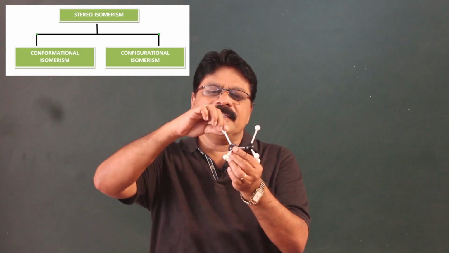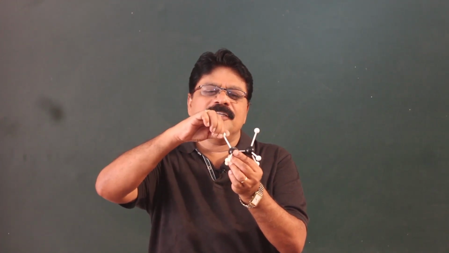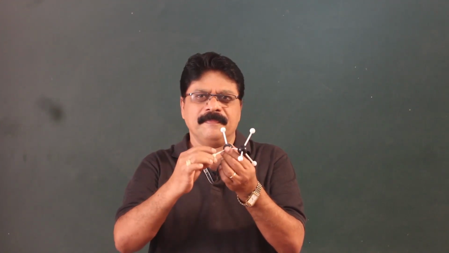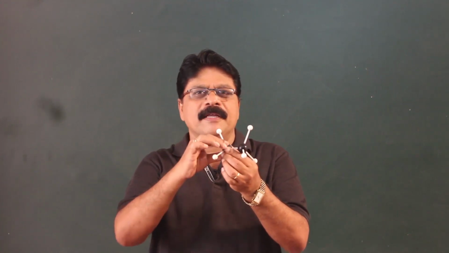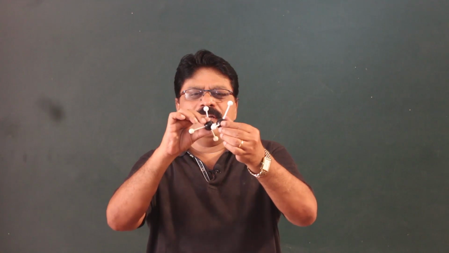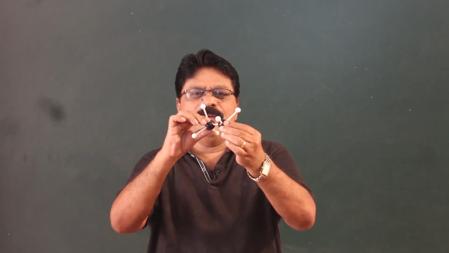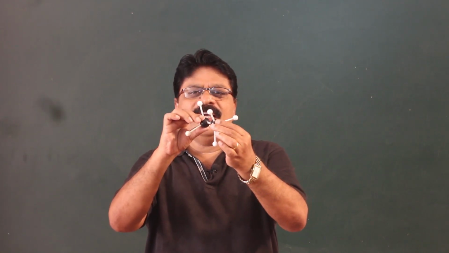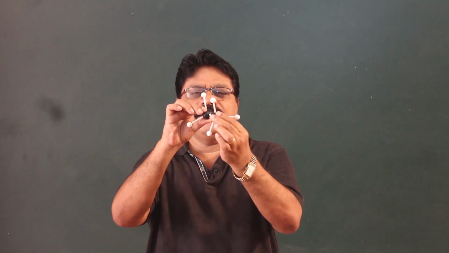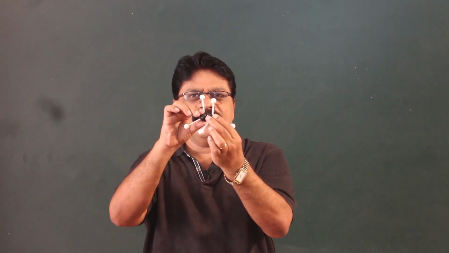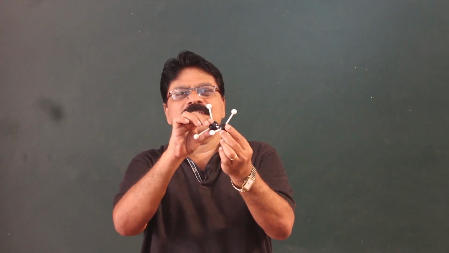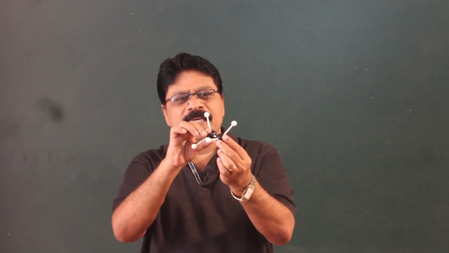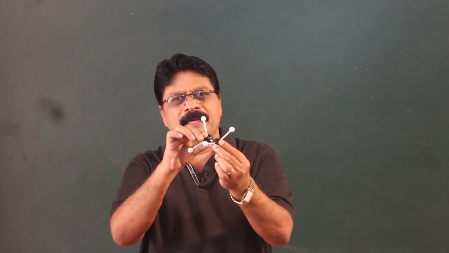Each carbon-hydrogen bond rotates on its axis, but there is no change in stereochemistry. But when the carbon-carbon single bond undergoes free rotation, you will find that there are an infinite number of different spatial arrangements of atoms. So, it is said to exist in an infinite number of different stereo forms. Each stereo form is different.